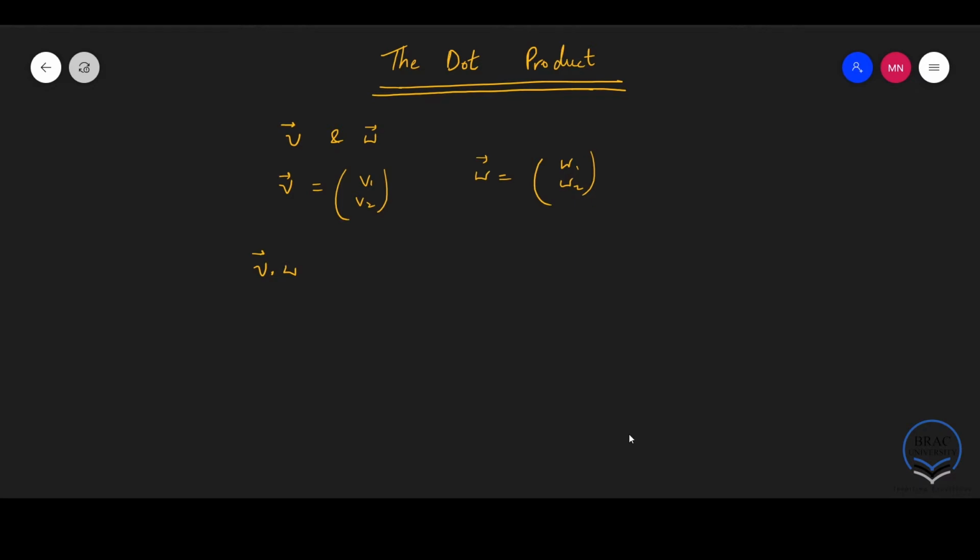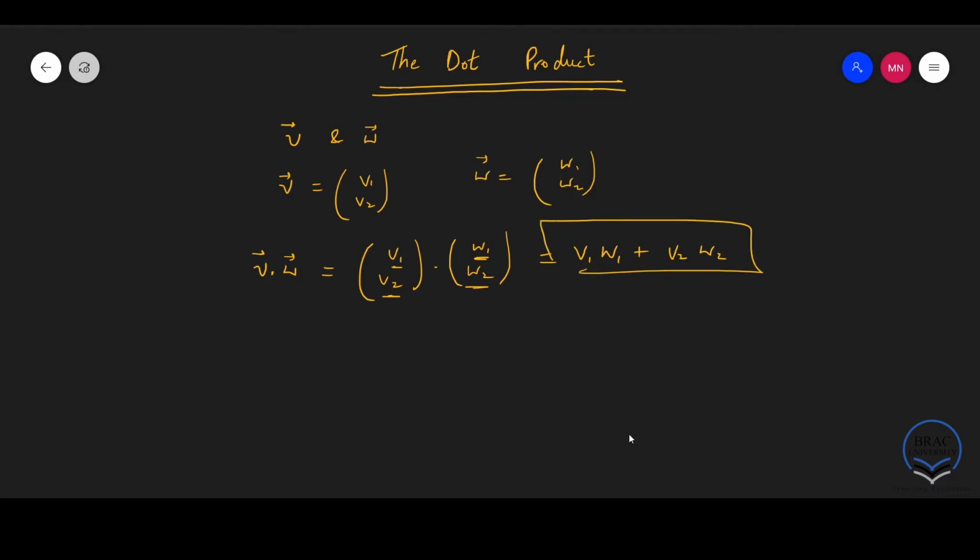So v1, v2 dot w1, w2 will be equal to v1 w1 plus v2 w2. We're just taking the product of the x components of these two vectors and summing it with the product of the y components.